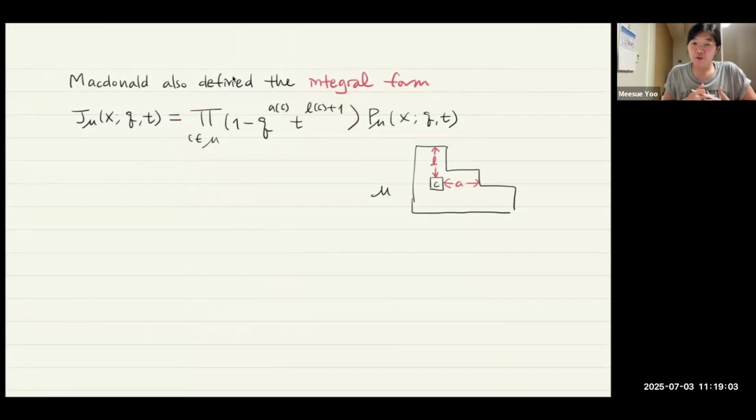That gets rid of the denominators in the monomial expansion, and that defines the integral form McDonald polynomials.